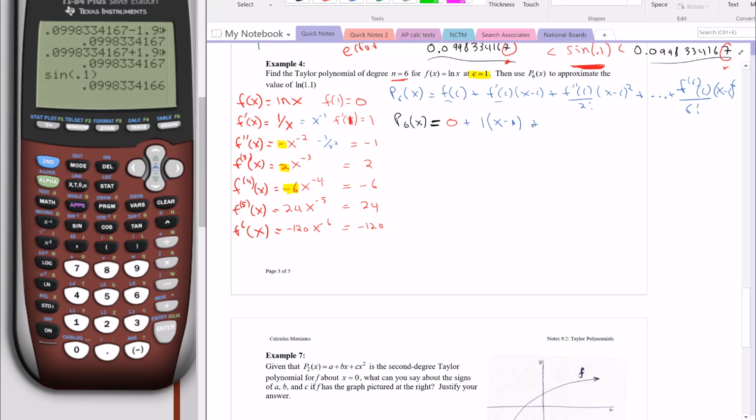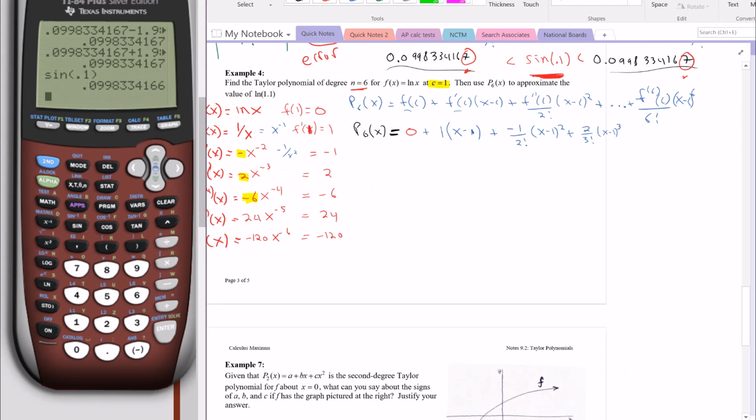Plus the second derivative, which was negative 1, over 2 factorial times x minus 1 squared, plus the third, which was 2 over 3 factorial times x minus 1 to the third.